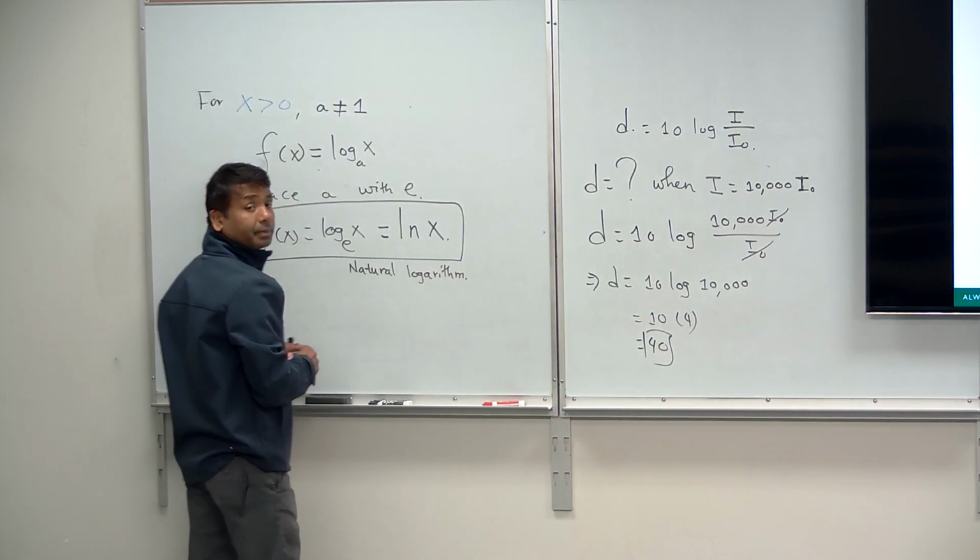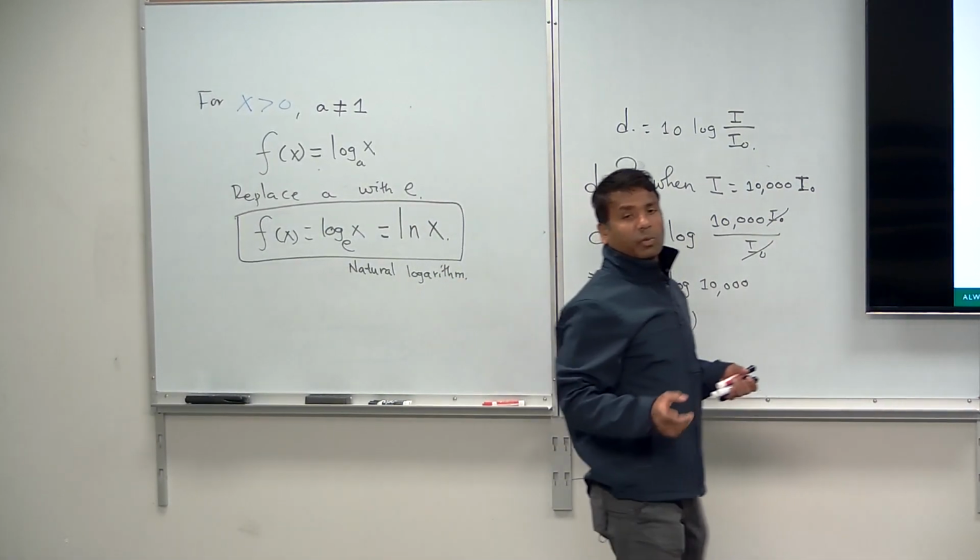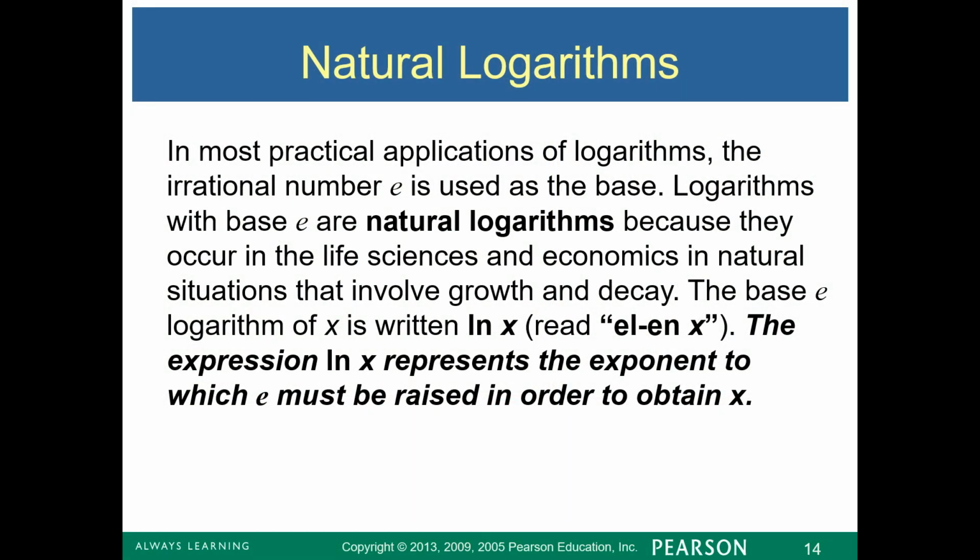Make sense, guys? If you replace base a by 10, that will be the common logarithm. If you replace base a by e, replacement of a with e gives you the natural logarithm, right?